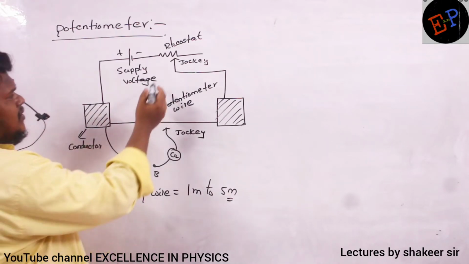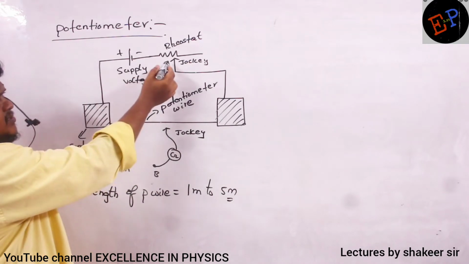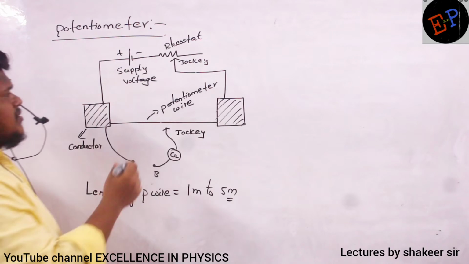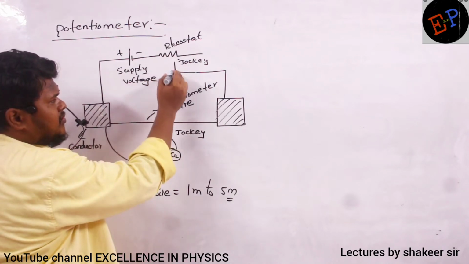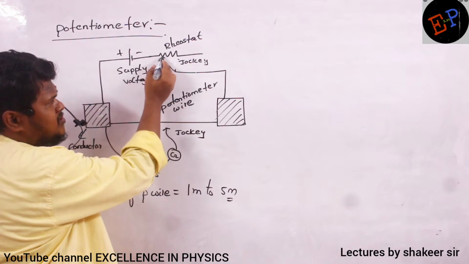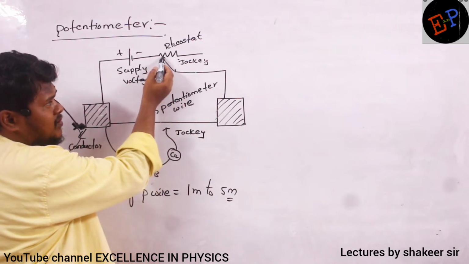And here there is a rheostat also. What is meant by rheostat? Rheostat is an instrument where resistance can be varied. See, ma'am, if you place the jockey here, then very small resistance is introduced in the circuit, because the length of resistor is very less.